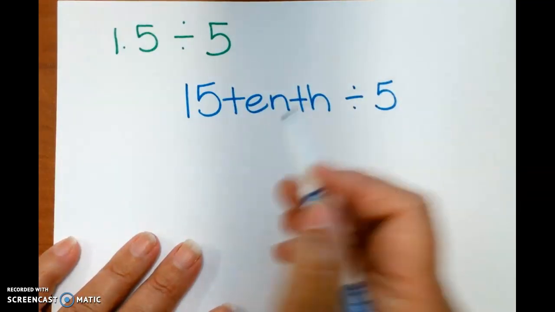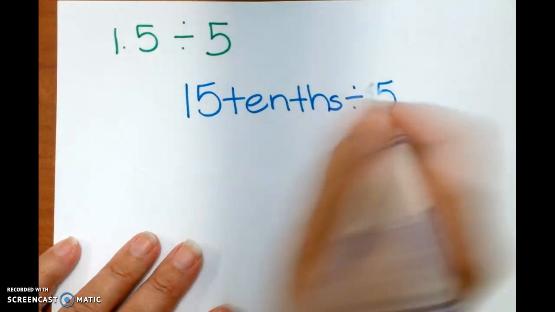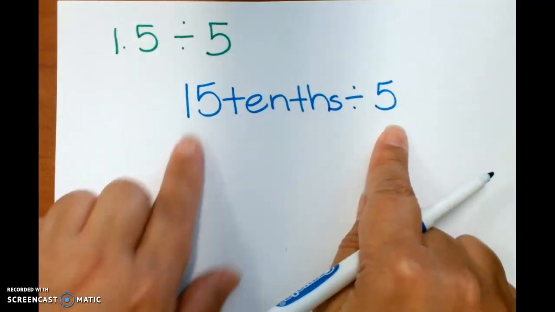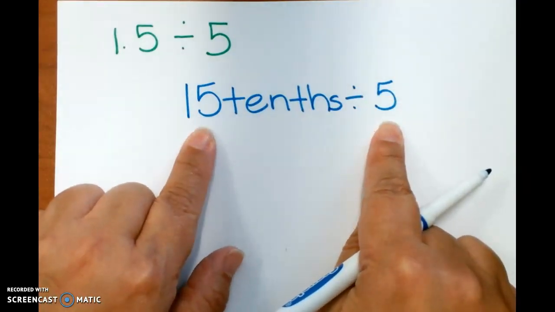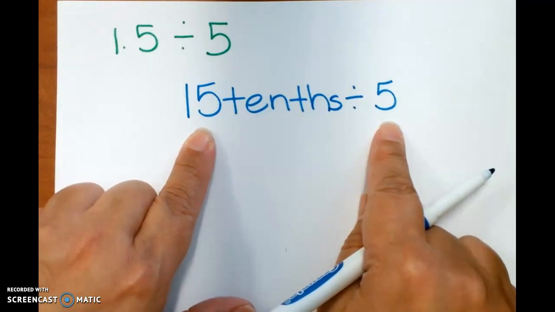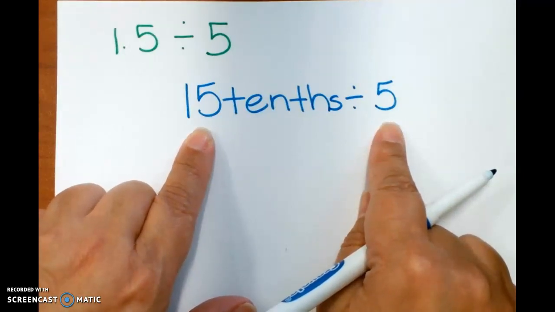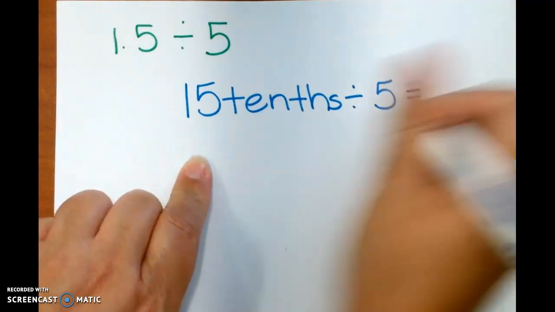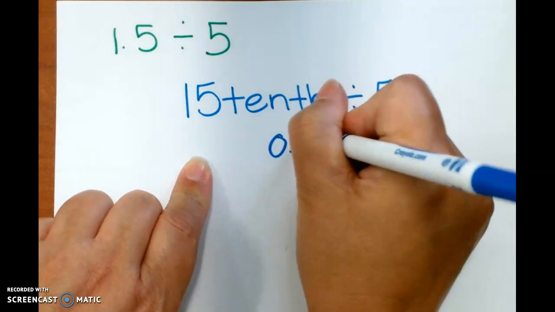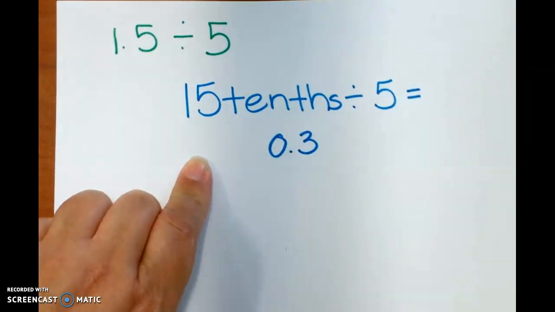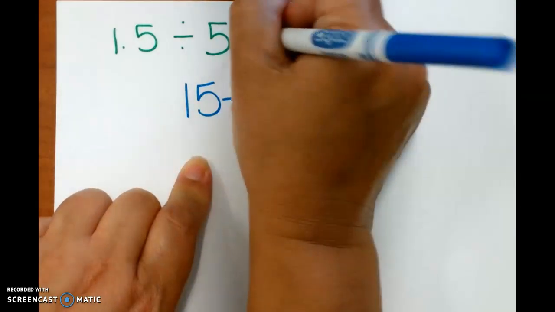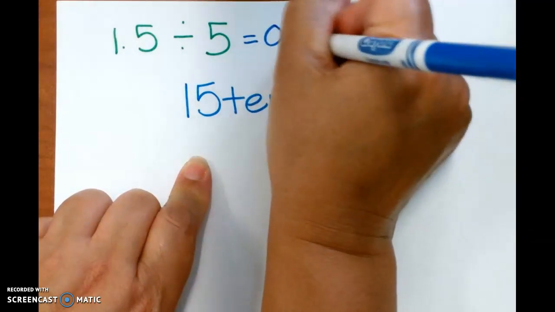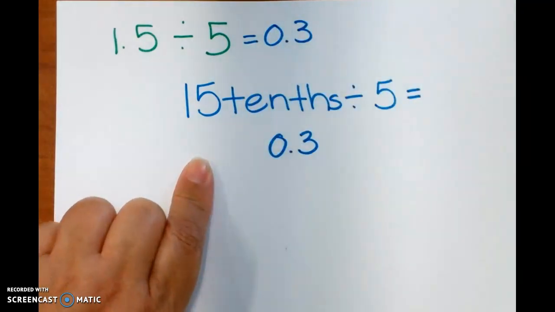So when I write 15/10, I can see my division fact, 15 divided by 5. So what is 15/10 divided by 5? It equals 3/10. So when we use unit form, it helps us see the facts that we need to use to divide.